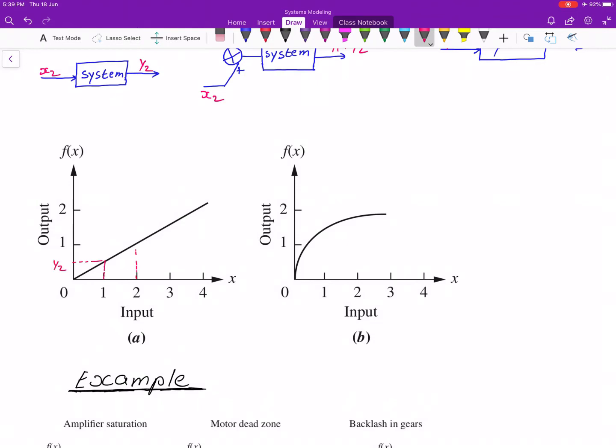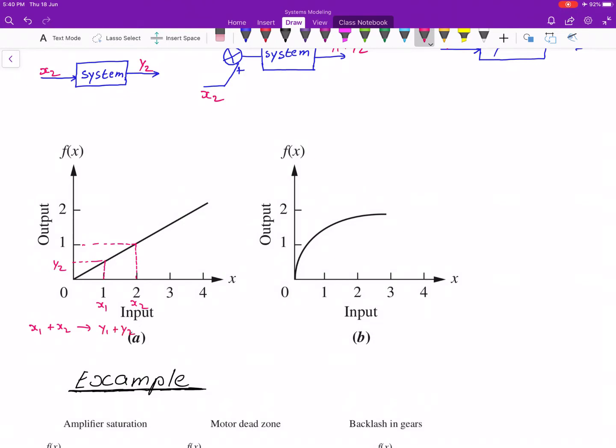If the input is 2, the output will be 1. Our input here was x1, this is x2, so x1 plus x2 should yield y1 plus y2.